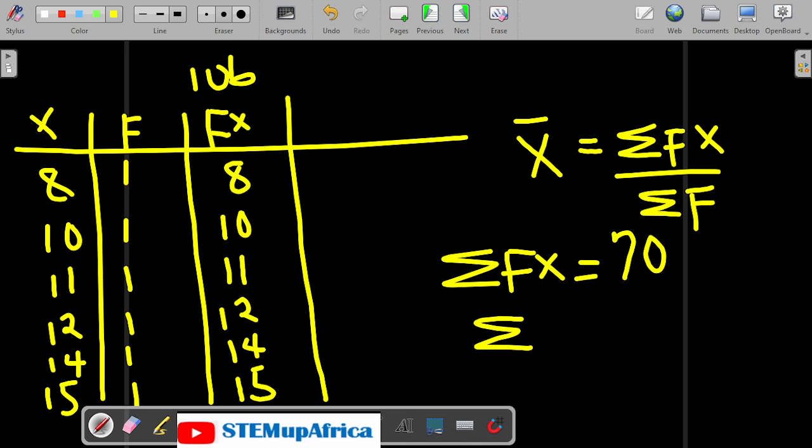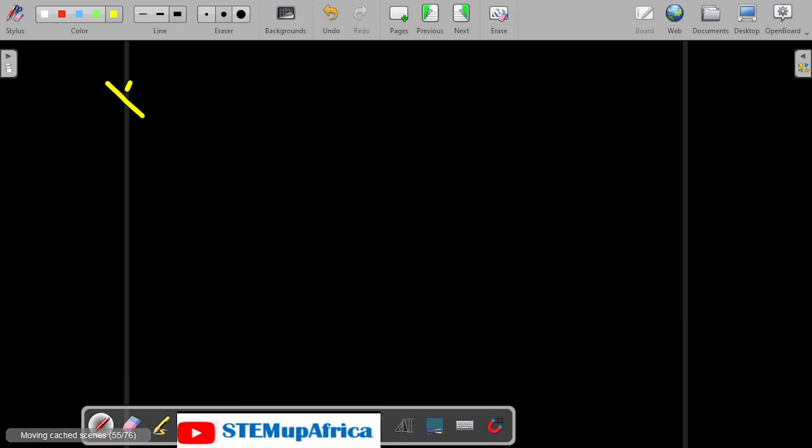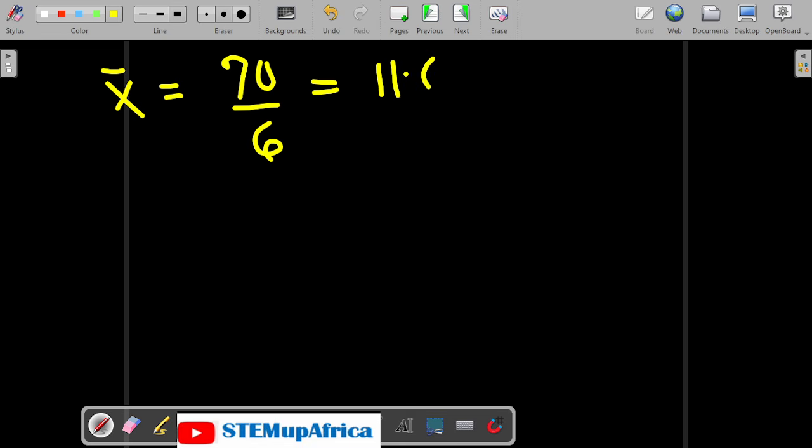Then my summation f is what? I will add the entire frequency, that is 6. With that, I will get my x bar. So my x bar is simply 70 divided by 6. What are we having? That will give us 11.67. That is our x bar.